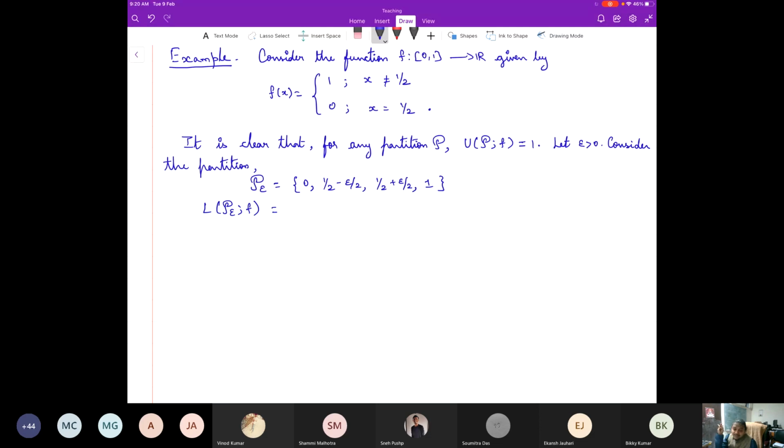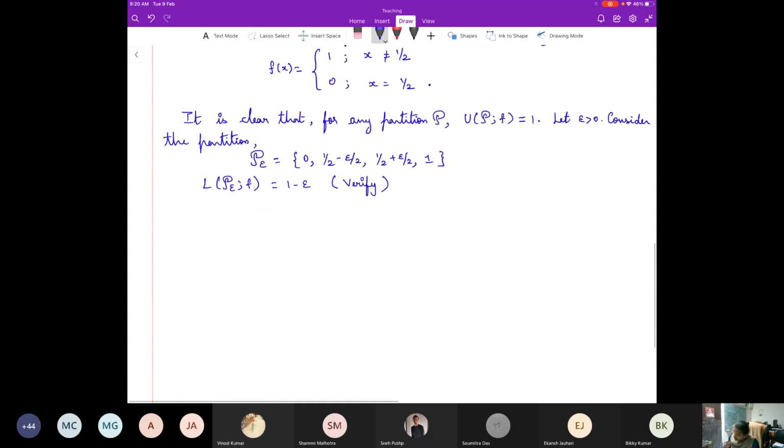Yes, what is L(P epsilon, f)? 1 minus epsilon. Louder. 1 minus epsilon. That's it, done. So I'll simply say verify. I'm not going to verify it.